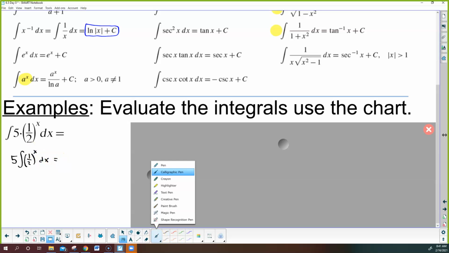Because now we're looking at, well, wait a minute, this is a to the power of x. That's what I have right here, a to the power of x. Well, what is a? A is 1/2. So if I know what a is, I'm just going to put it right here in the function. And then that multiplier 5 is just going to come out.